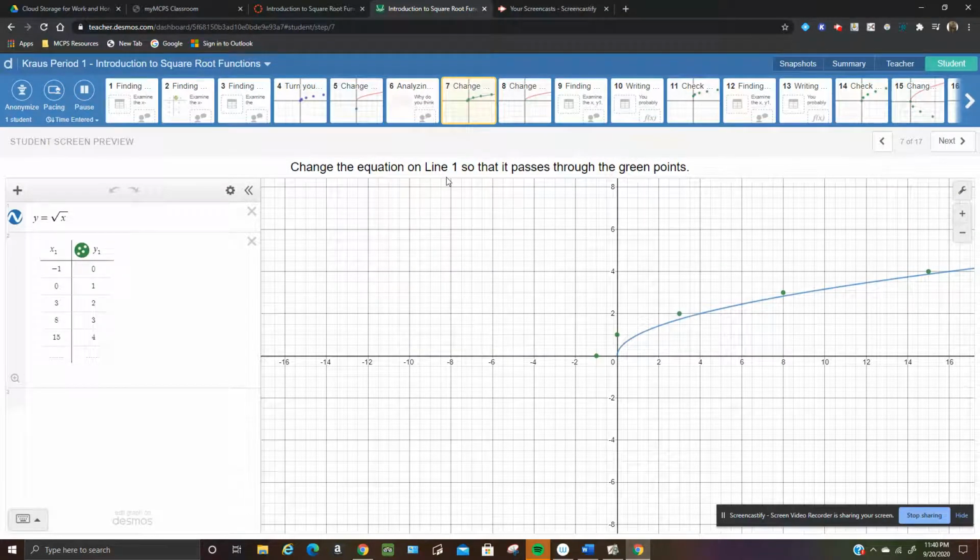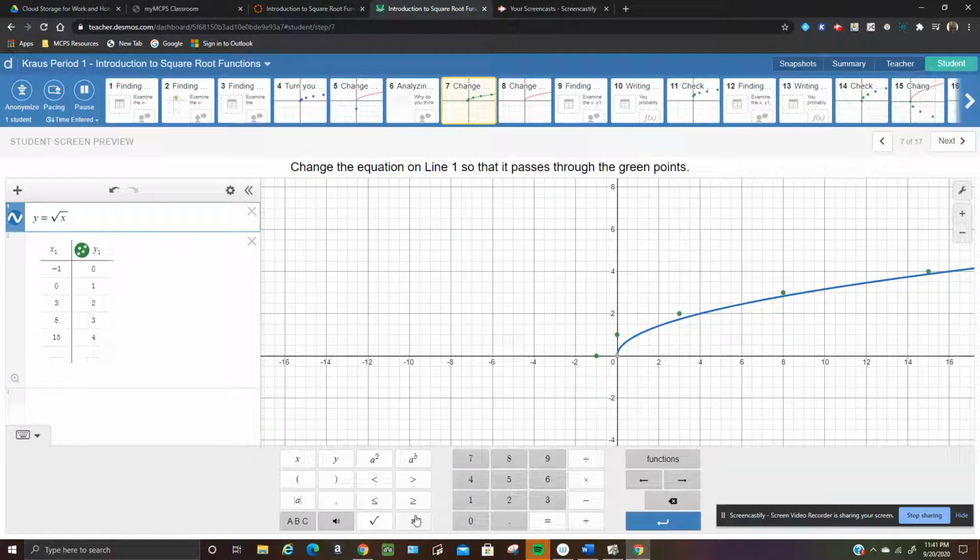And change the equation on line 1 so that it passes through the green point. So we're taking the endpoint here and making it 0, -2. So you can use trial and error here. And this may be a little bit counterintuitive. If I add 2 under the radical, so let me use the keyboard here.